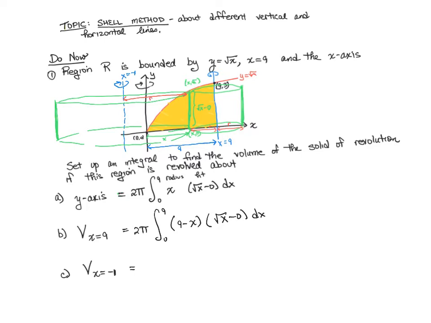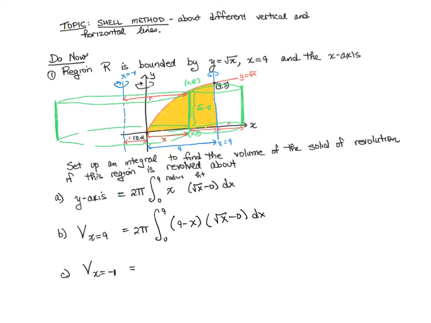So the radius of the shell is more than just x. X is here. We have to take into consideration this distance, which will always be 1. The axis of revolution to the y-axis is 1, just like the other axis of revolution, x equals 9, to the y-axis was 9. So in this case, the radius of the shell would be x plus 1.